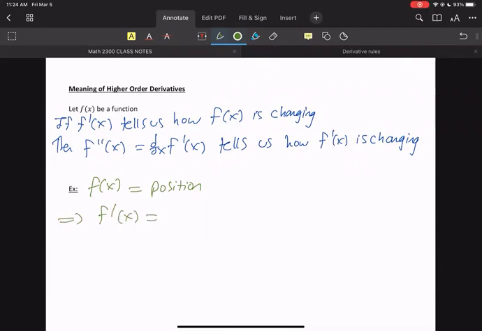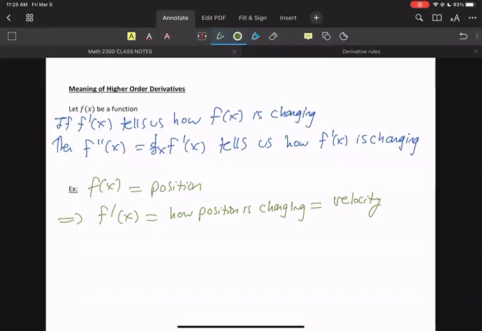What's the rate of change of position? What's another way to say that? Yeah, so f prime tells us how position is changing, which is velocity. Right, so if f is position, f prime would be how fast you're going, your rate of change, right?